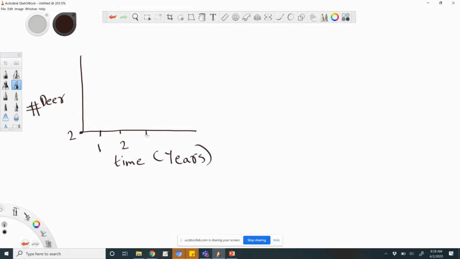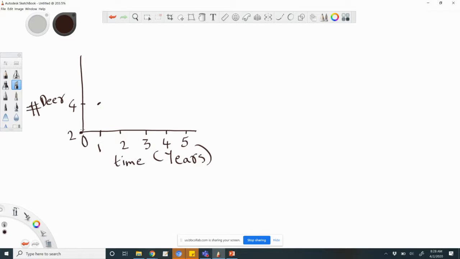Next, 1, 2, 3, 4, 5 years. So you have two deer, and then you have 4 deer after a year, right?